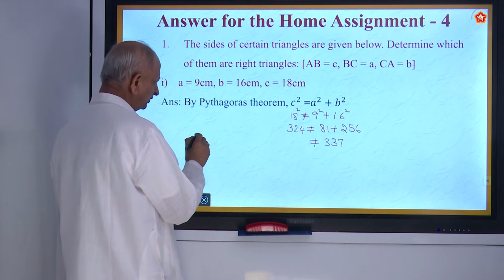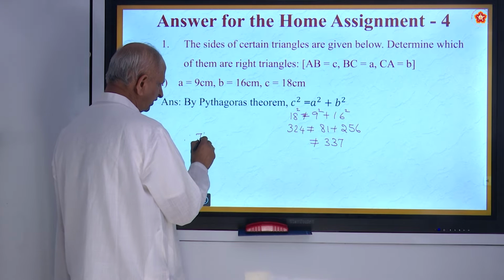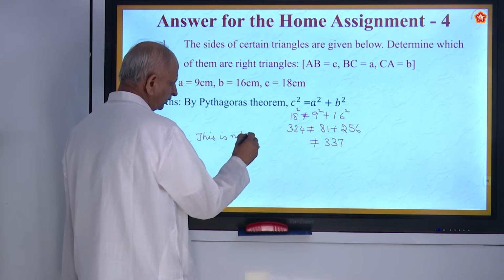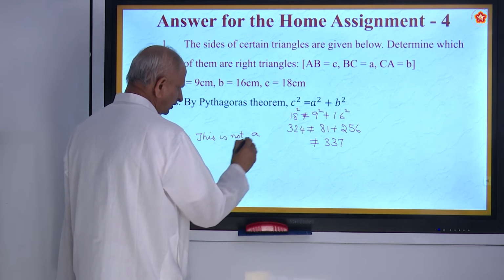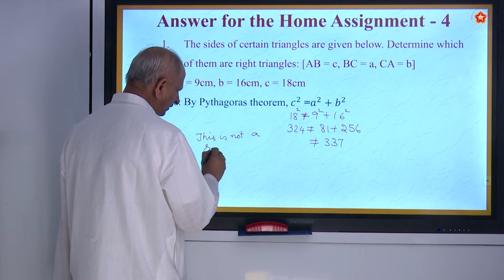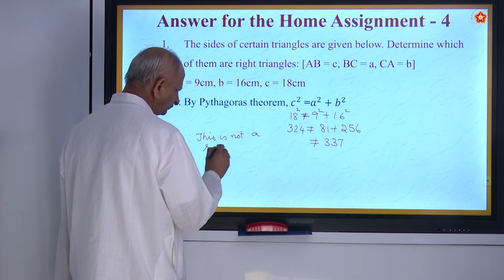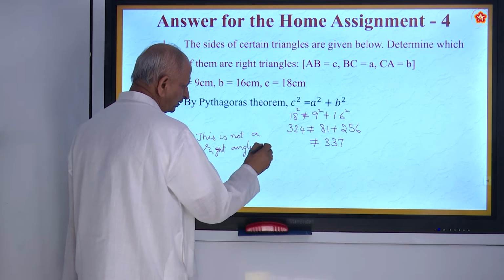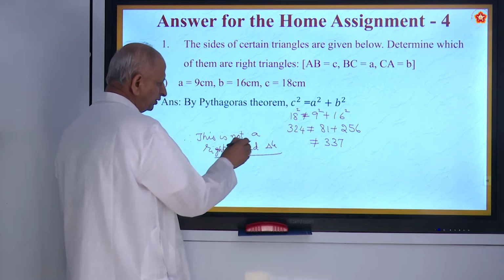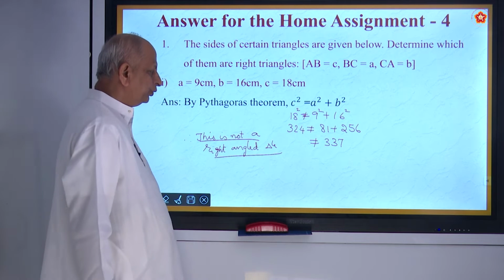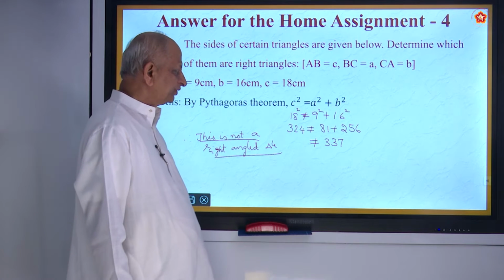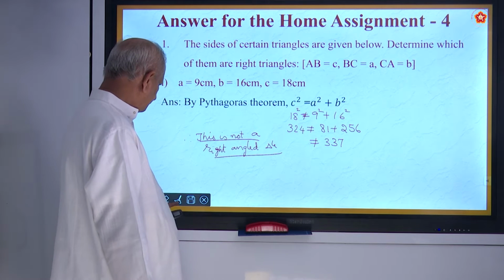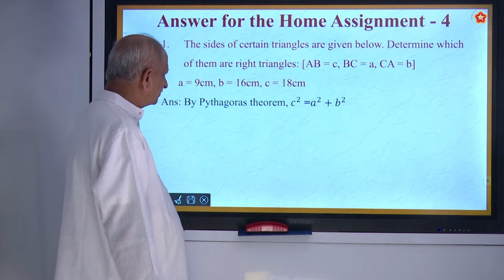Therefore, this is not a right angle triangle, because the square on the hypotenuse is not equal to the sum of the squares of the other two sides. Clear? So one more question. Be thorough with that. Coming to the second question.